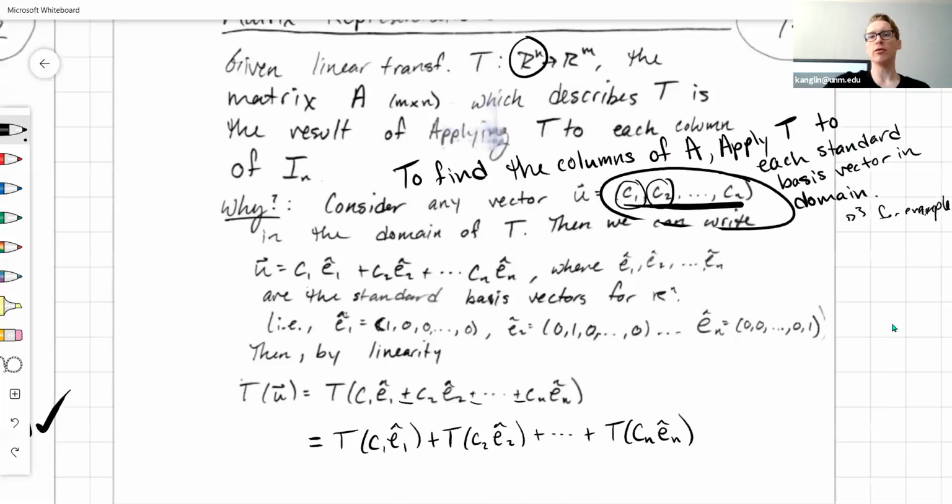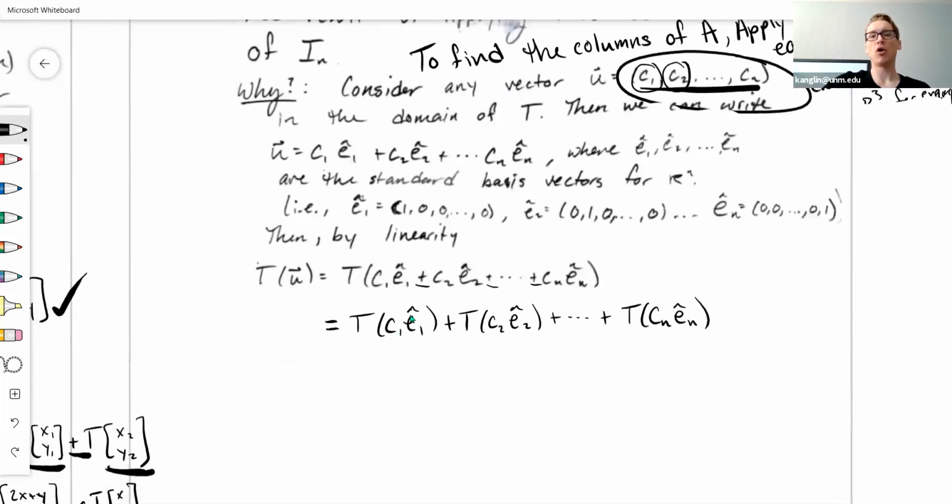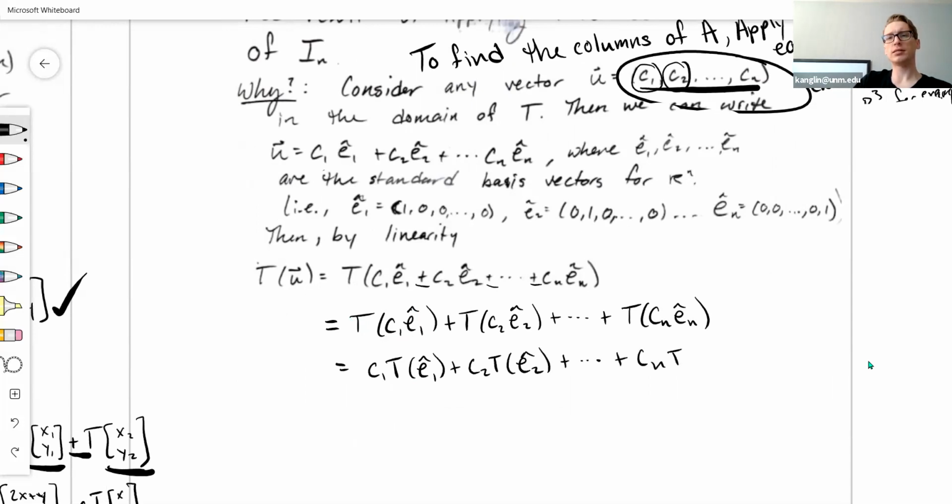And we can go a step further. We know that a scalar multiple of a vector under this transformation can have that scalar multiple come outside, and so on, all the way out to the last one, Cn times T of En.